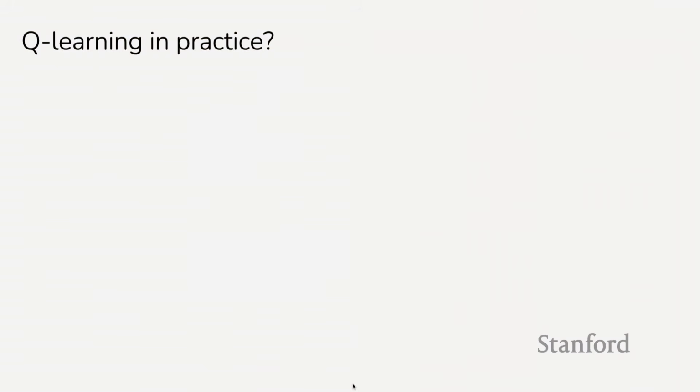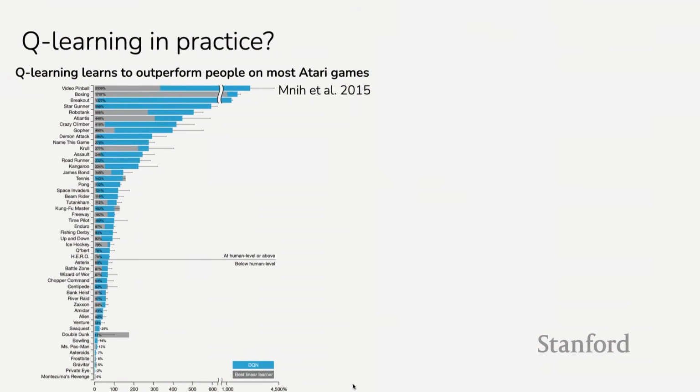Great, so those were the 3 tricks for Q-learning in practice. There's a couple examples of Q-learning that have been very successful that I put on this slide. I think there's other examples too, but one of the most prominent examples was for playing games.